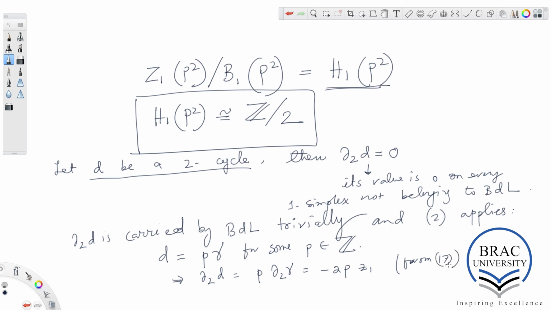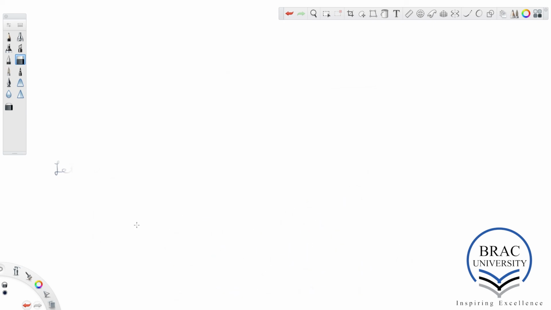But since D is a 2 cycle, we must have del 2D equal to 0, which means that minus 2p Z1 is equal to 0. Therefore, p is equal to 0. Since D is equal to p gamma, D is equal to 0. It means that the 2 cycle that we started with is trivial.